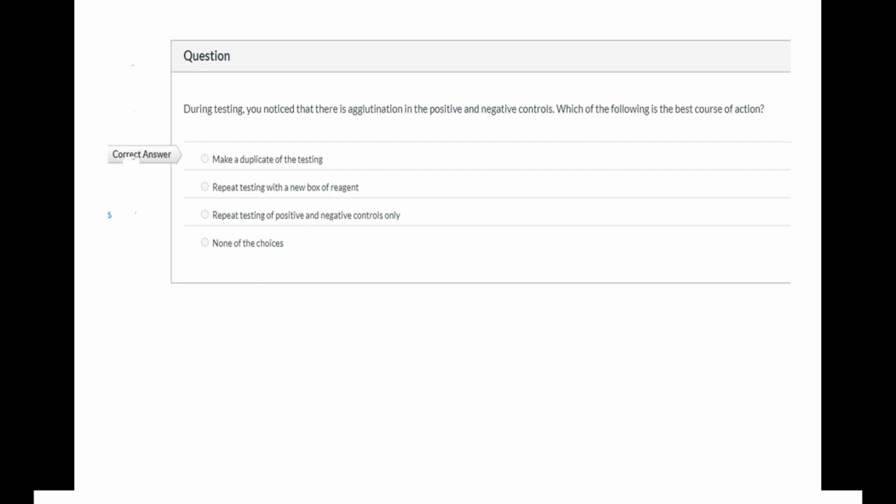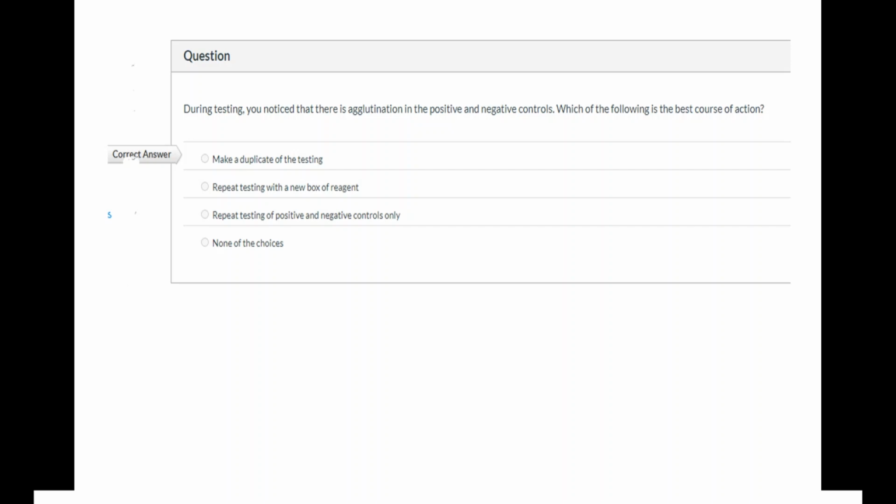We are going to duplicate our testing because probably in the first test that we did, the reason why there was a discrepancy was maybe an error in the pipetting of the medtech, or contamination between the reagents or between samples and reagents when placed on the slide.